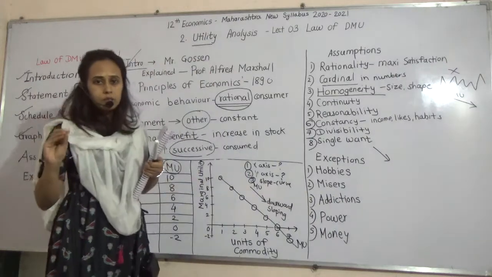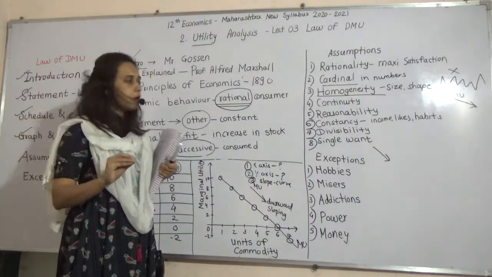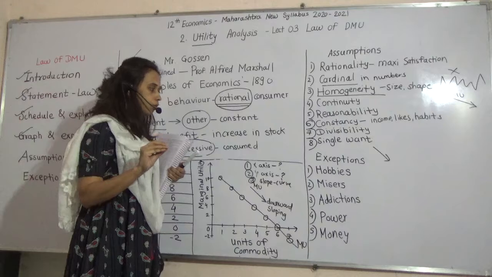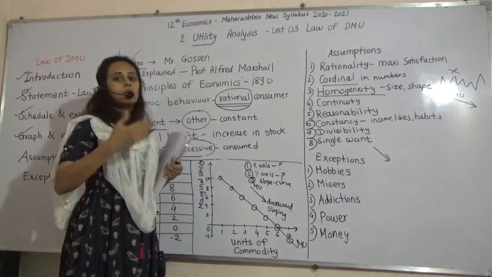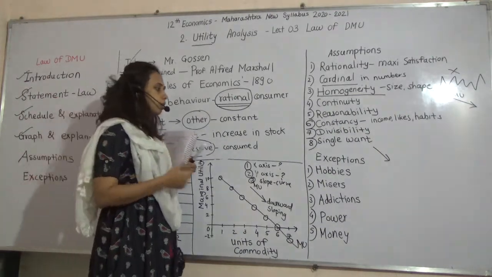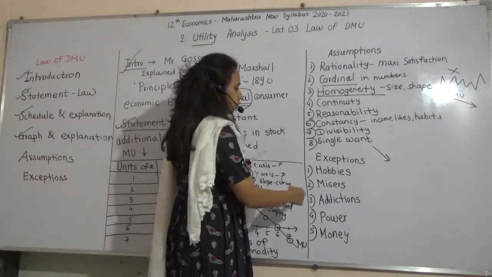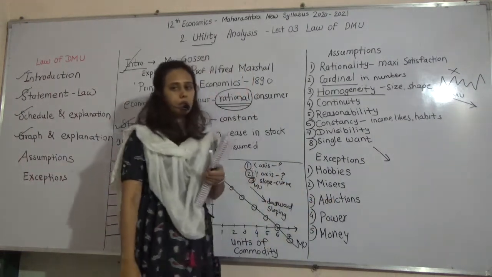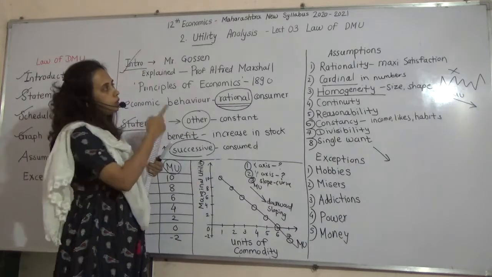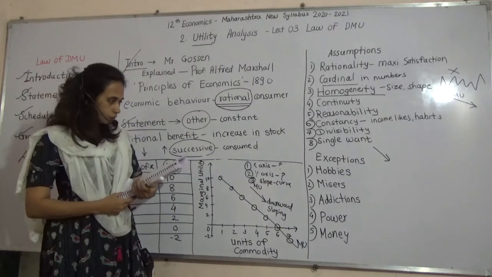He is not in a state of mind to understand. His state of mind is not normal. When he starts drinking more and more, he starts enjoying, even though it has a side effect on his body. So addictions, some habits, are not applicable to this law.